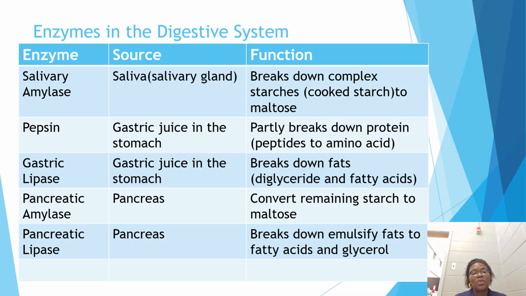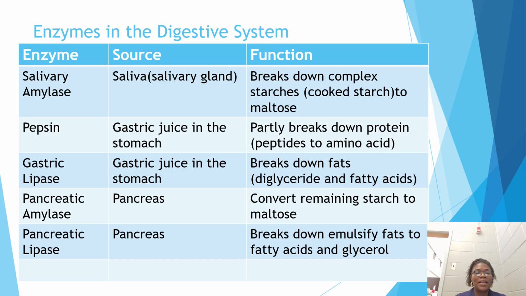Now we have gastric lipase. Gastric lipase is secreted in the gastric juice in the stomach, and it helps to break down fat, converting fat to diglyceride and fatty acid. Then we have pancreatic amylase.